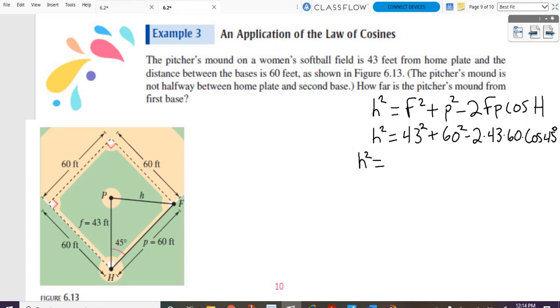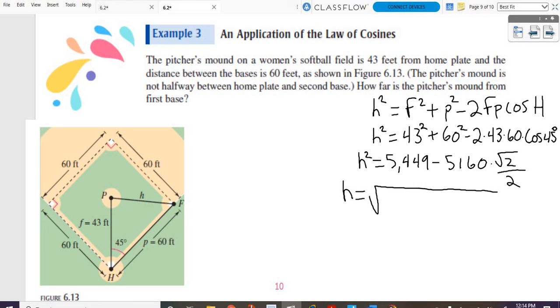So what is 43 squared plus 60 squared? 5,449. Okay, and then 2 times 43 times 60. 5,160. And we should know what is the cosine of 45. Square root of 2 over 2. And then what do we need to do to solve for h?